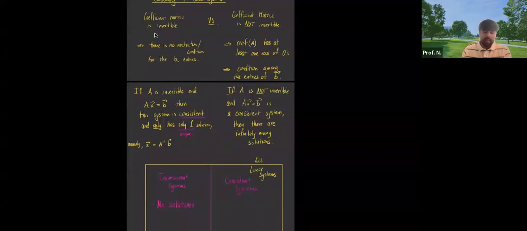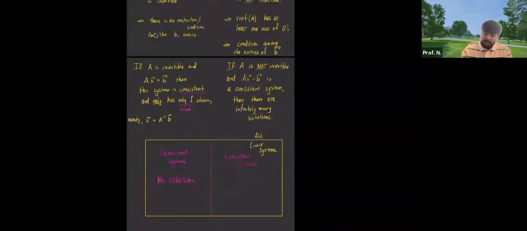The consistent kind has two variations, which means that I have either one solution or infinitely many.